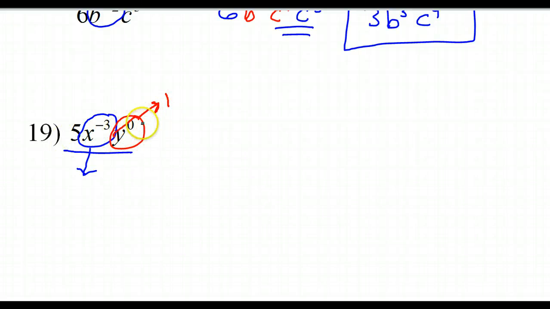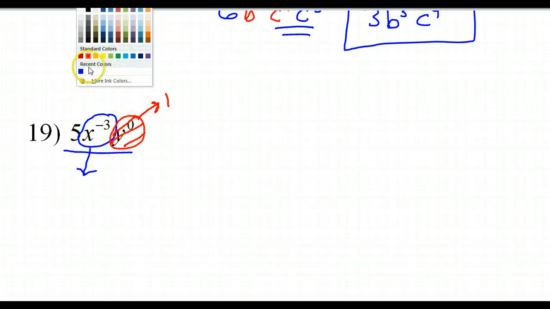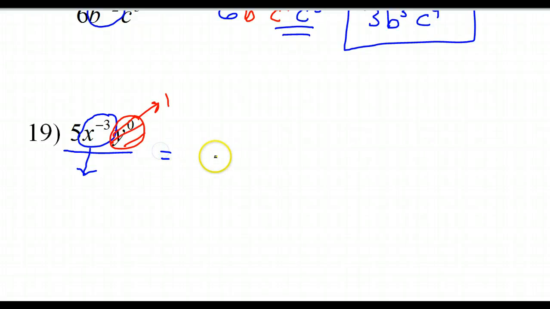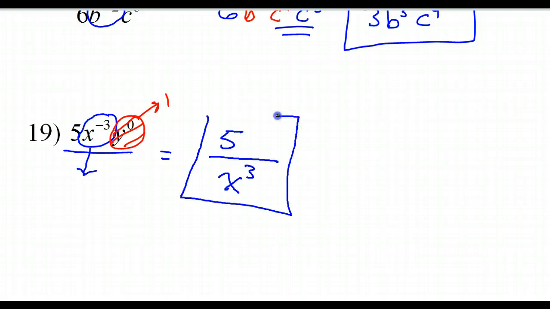So this is essentially gone. If I just recopy all this, notice the 5 does not travel with the x. So the 5 is still there, and the x to the 3rd power is down here. And the y, poof, it became a 1, which I do not write down. So that is it for number 19.